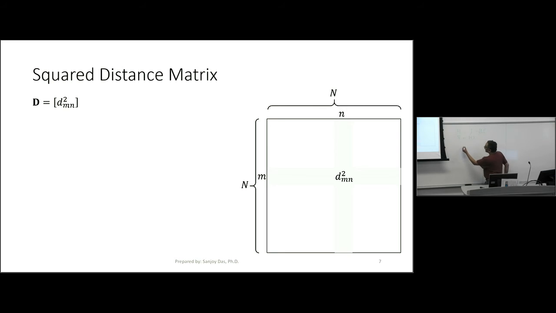If I take xm and xn, two sample points centered, then dmn squared is equal to, I'll not use the L2 norm, I'll use this, xm minus xn transpose times xm minus xn.